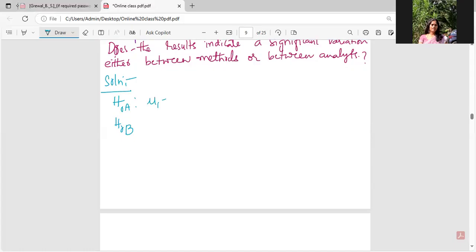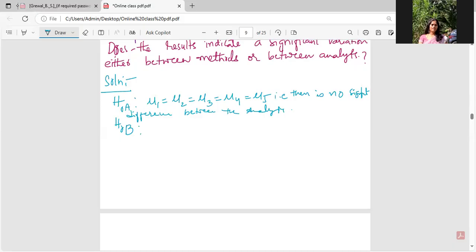I'll always set it in terms of mu1 is equal to mu2 is equal to mu3 is equal to mu4 is equal to mu5. That means there is no significant difference between the analysts.